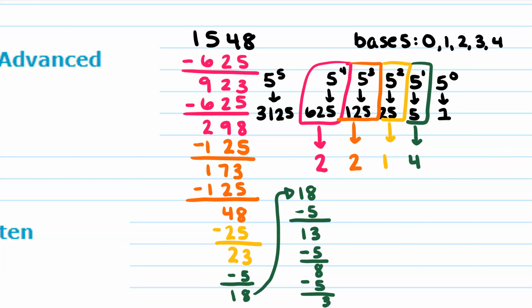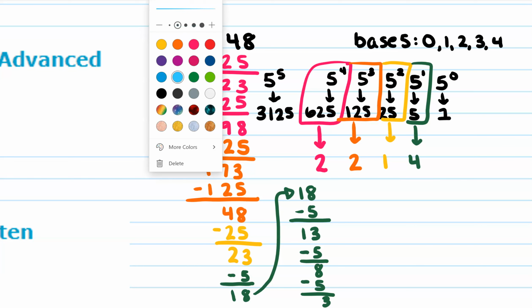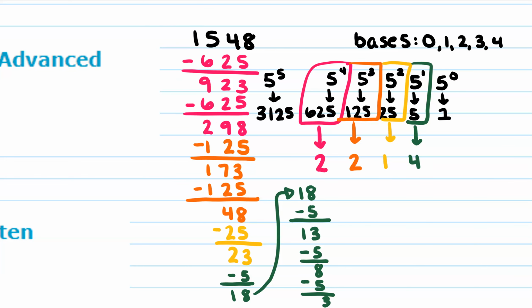Okay, so now what do I have left here? I've got a 3 left, and you can always subtract at least 1, right? Like either you've already got to 0 and you would put a 0 in the last digit, or you can subtract 1.